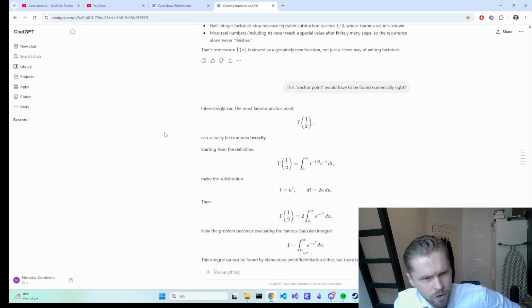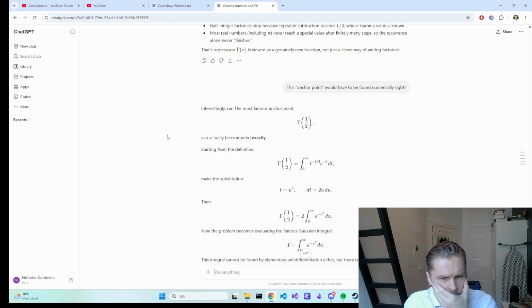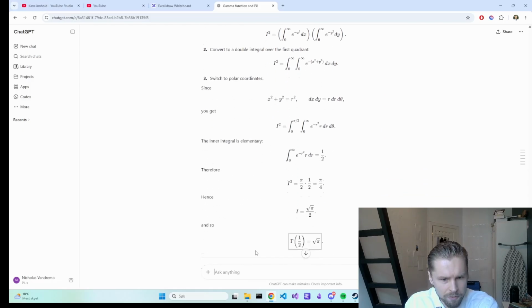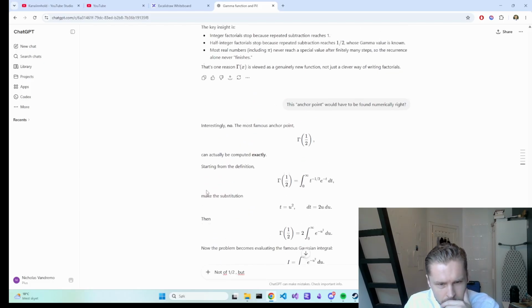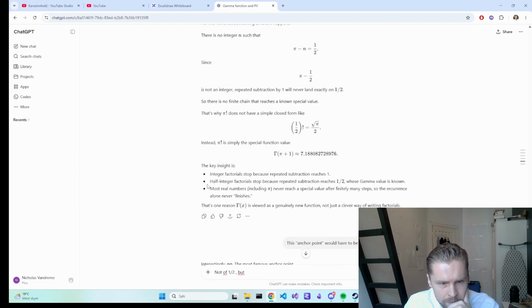Interestingly enough, no. I'm not saying 1/2. I'm saying of pi. Not of 1/2, but... No, wait, what was the anchor point again? I think I mixed it up a little bit.